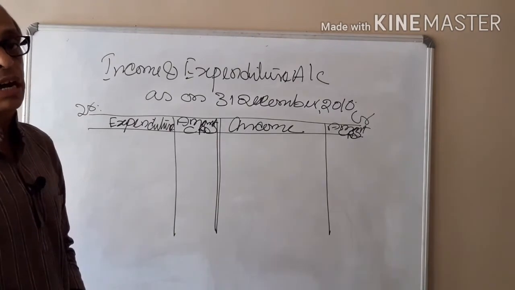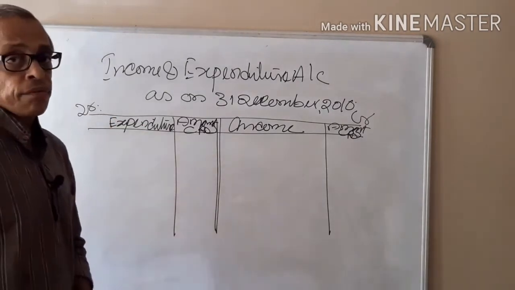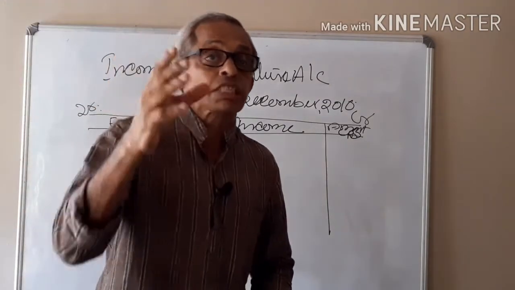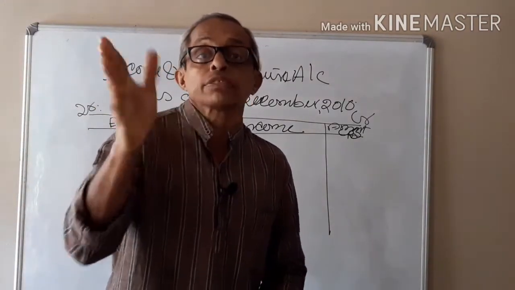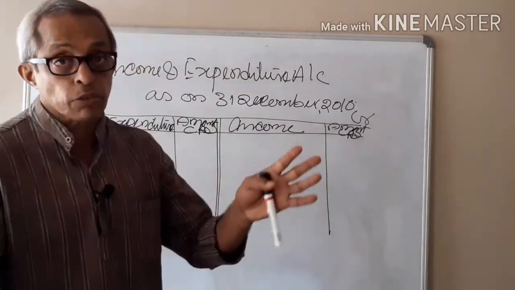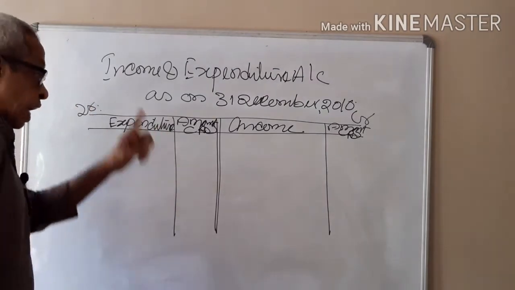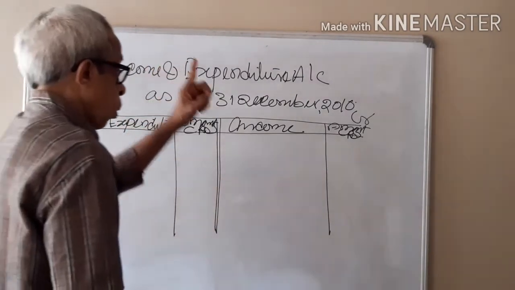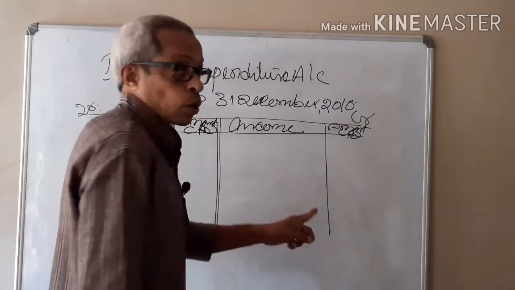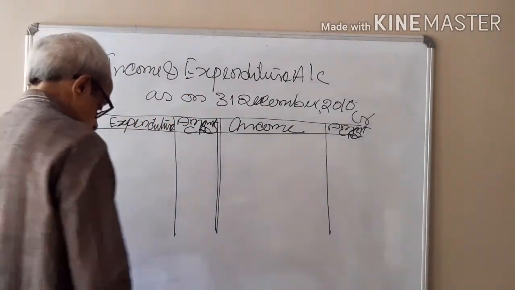The balancing figure will be either surplus or deficit. So here we write only all expenses and losses, all incomes and gains. All receipts will not be recorded, all payments will not be recorded, only all expenditures, either cash or non-cash, all incomes, either cash or non-cash, will be shown in income and expenditure account.